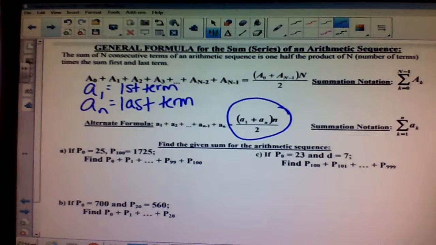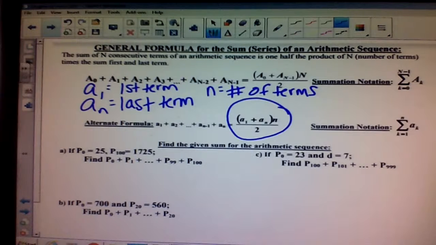N represents the number of terms. So I add the first and the last together, get that total, multiply by how many terms I have, and then divide by 2.